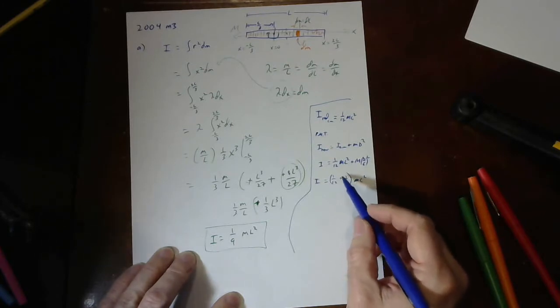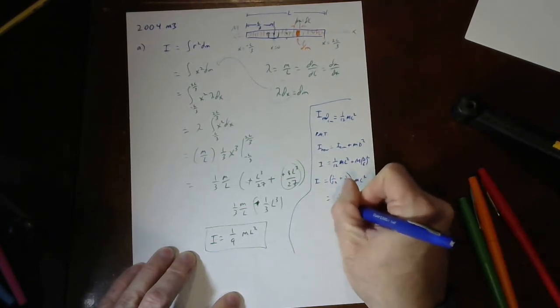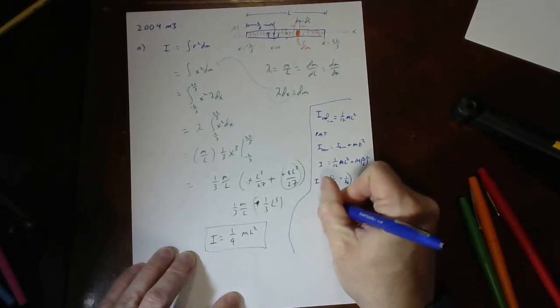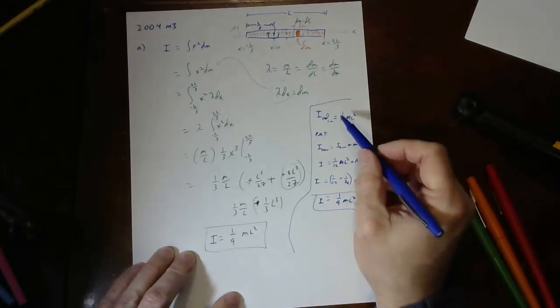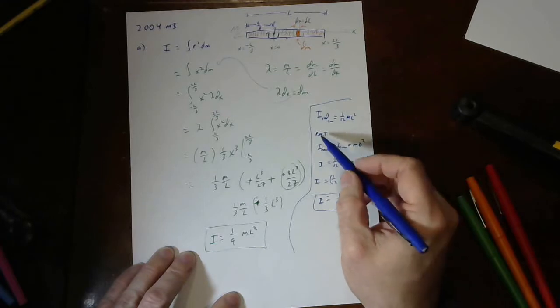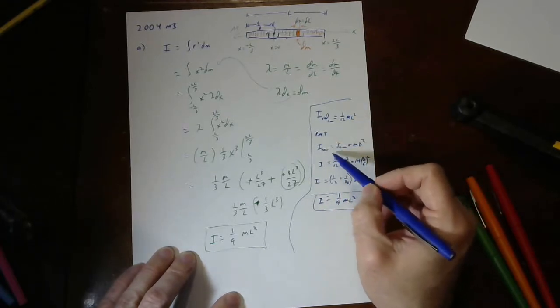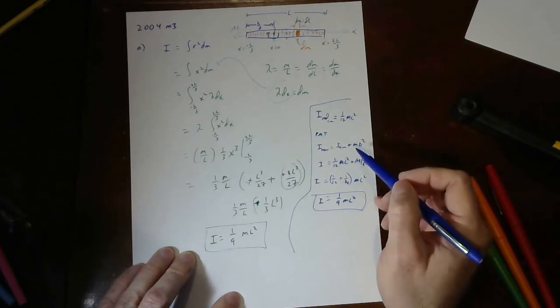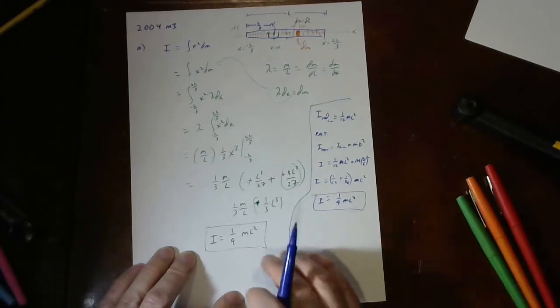So 3/36 plus 1/36, that's 4 over 36. 4 over 36 is 1/9. So again, you get 1/9 ml squared. So that's an alternate way of doing it, but it requires you to have this memorized. And of course, you got to know the parallel axis theorem, but we're expecting to have to know that and kind of work backwards. Not really backwards, it's just happening to know that. Okay, so anyway, that's part A.